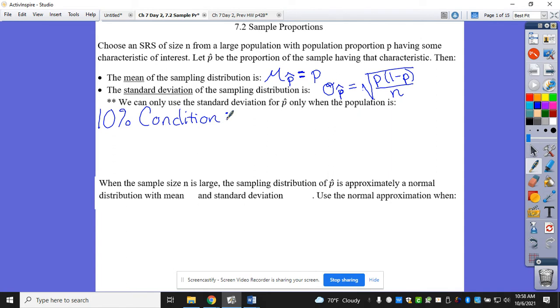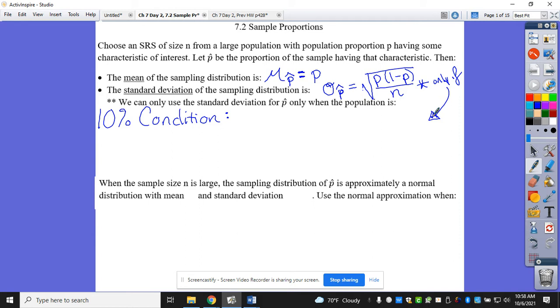So we can only use this equation if something applies. Very much scraping the top of the surface here.